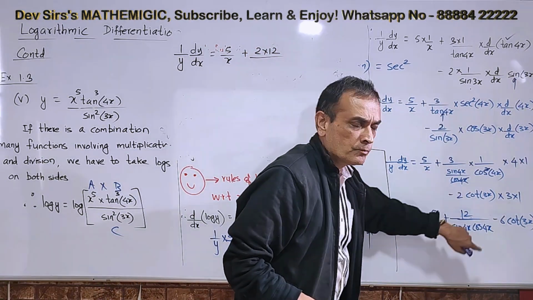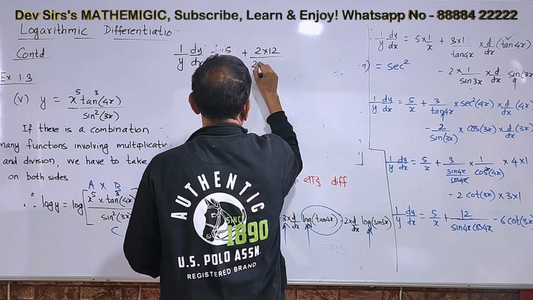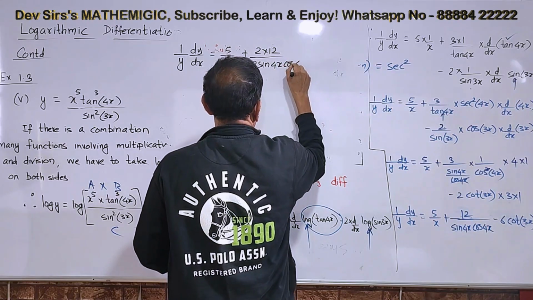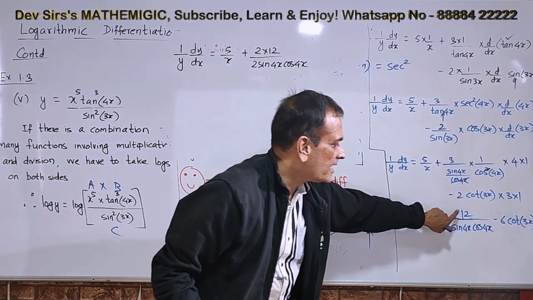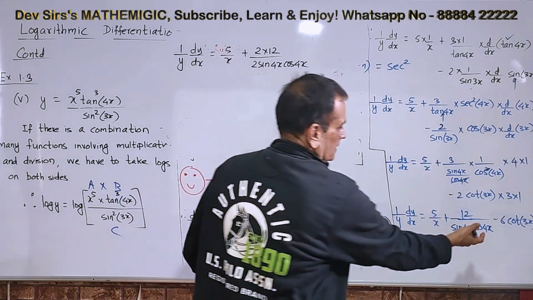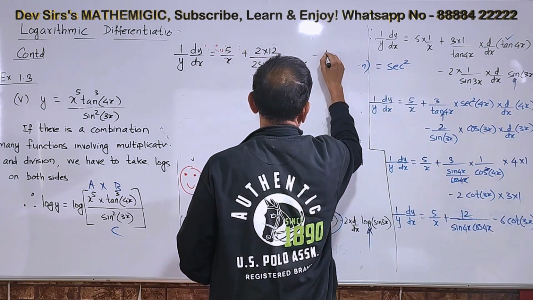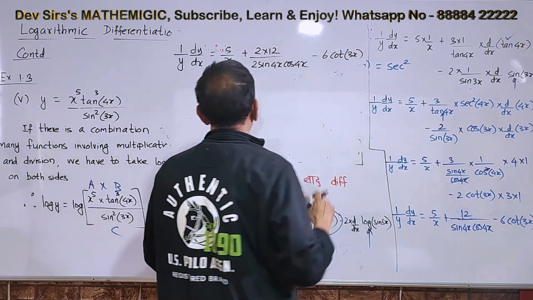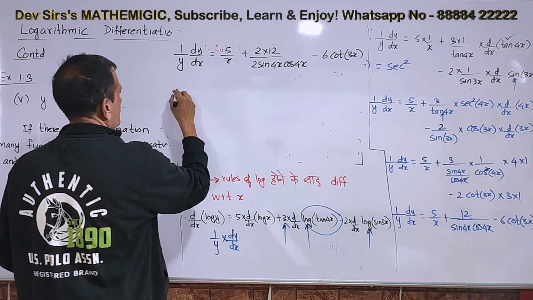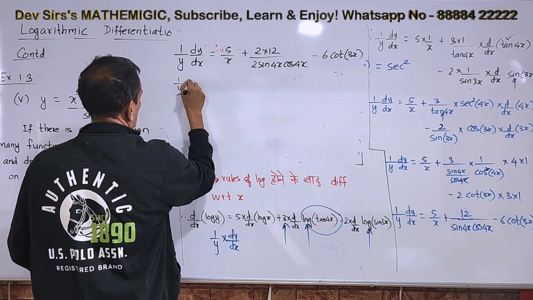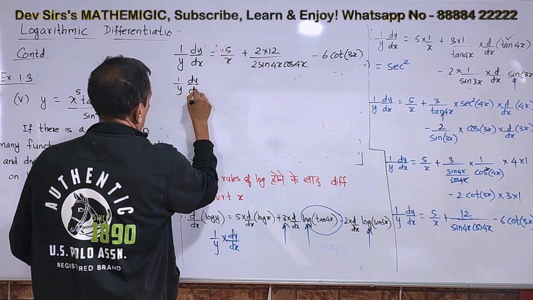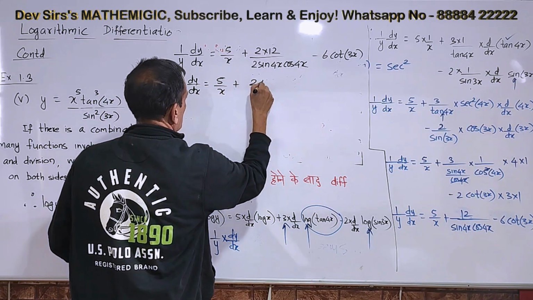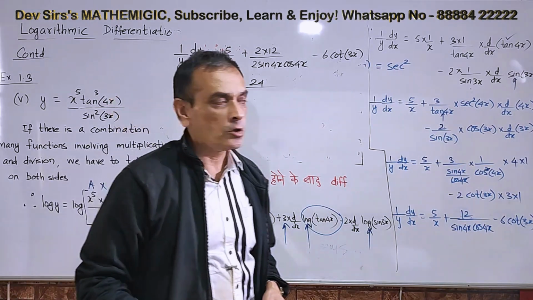Multiply and divide by 2. Here I took 2, here I took 2, leave it as it is. Into 2, 24.